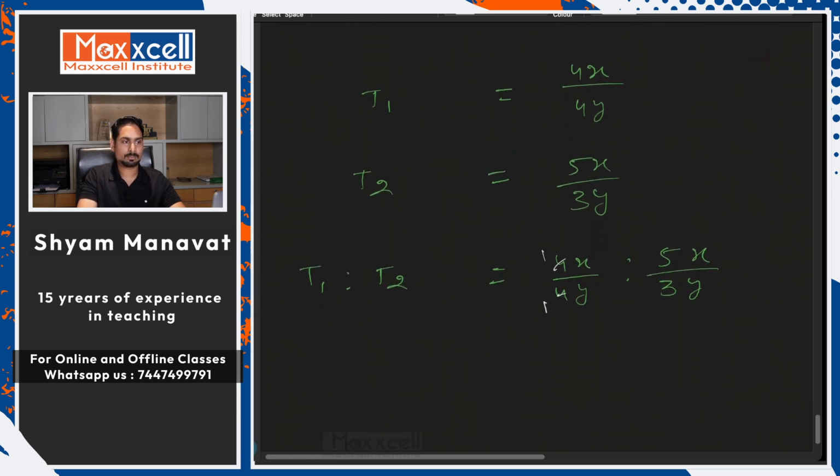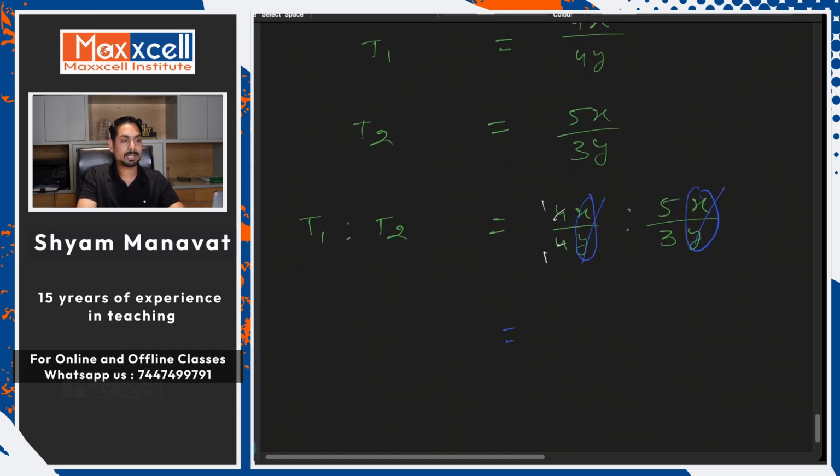Now in the ratio, do you see the common number between these ratios, x upon y, x upon y? Can I cancel? I am assuming that you have gone through my ratio videos. So I can cancel the same term x by y available in both ratios.